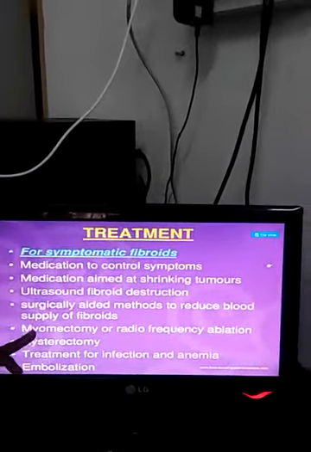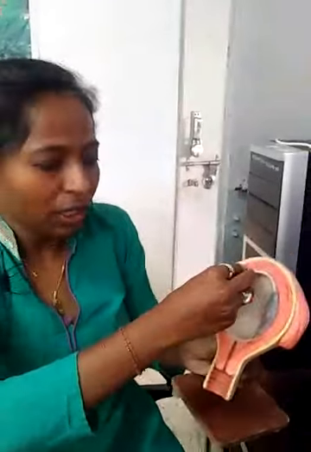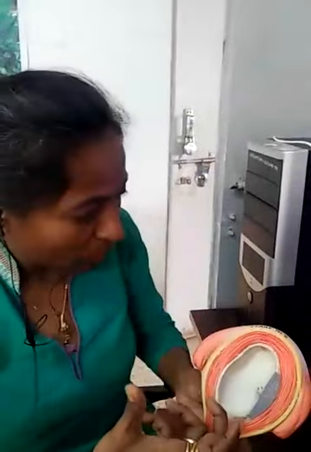What is the meaning of myomectomy? For example, if a fibroid is present over here, it is small, and the age of the female is young, say 23 or 25, then only that particular part is removed. That is called a myomectomy.